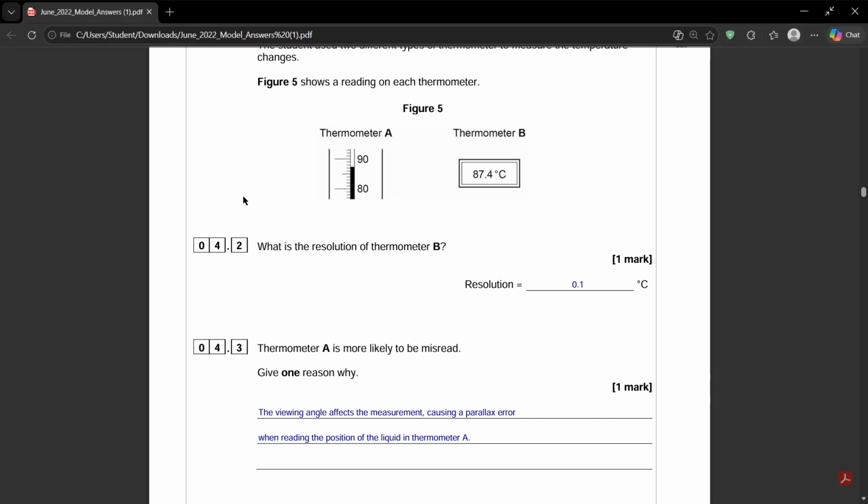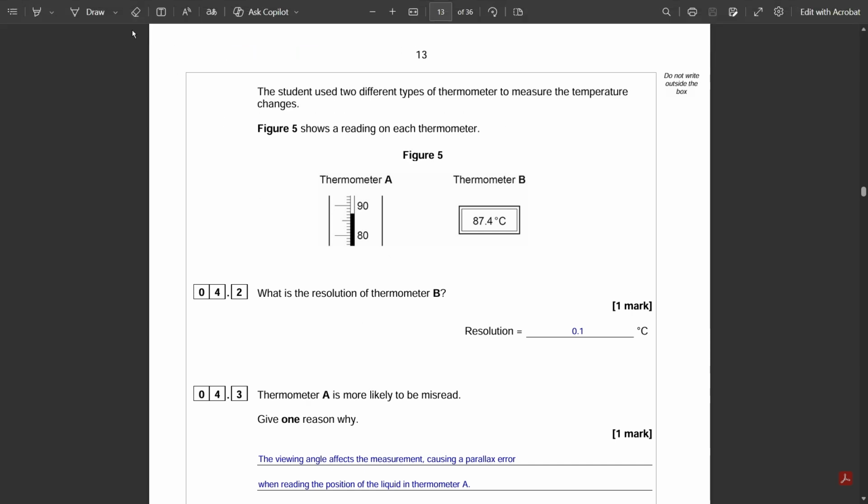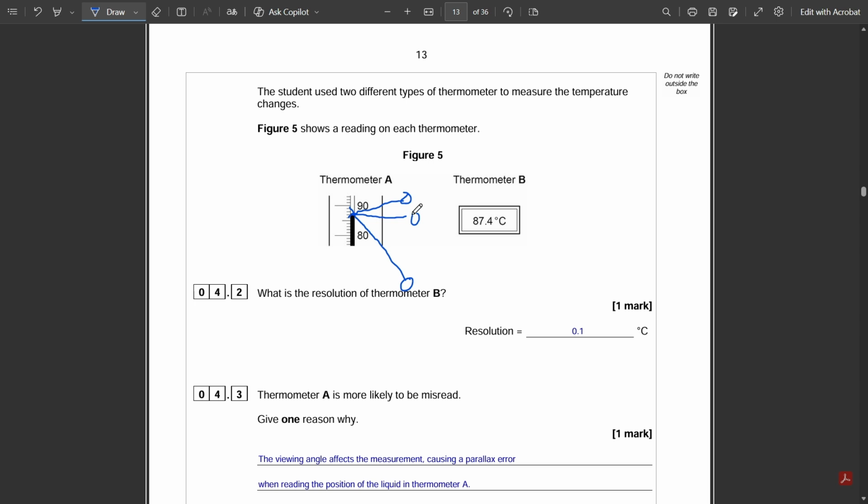So, quick diagram. I'm very good at drawing these diagrams. If you're looking at it from here, your eyes are going to go through there, and it's going to go down a bit. If you're looking at it from, I'm going to do a more drastic example here, you're seeing that, and you're actually seeing the result to be a lot higher than it is. So you need to read it perfectly level to get it accurate.